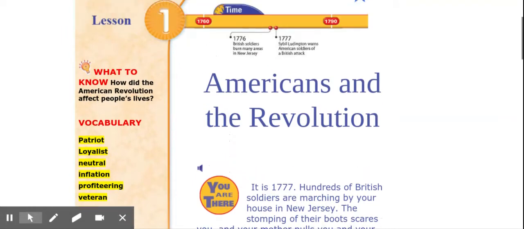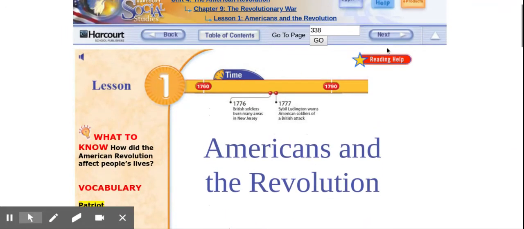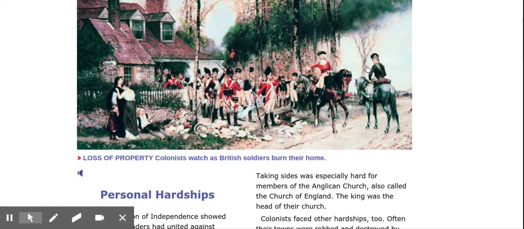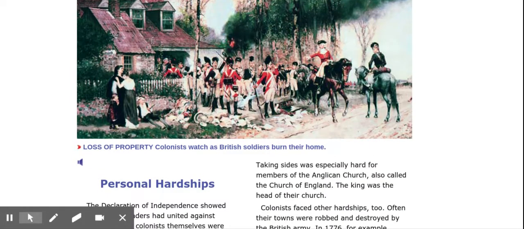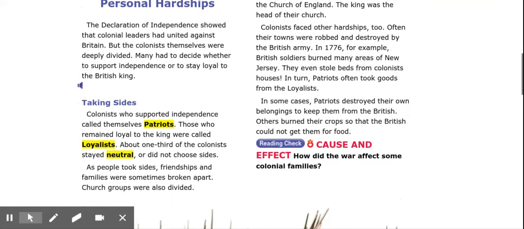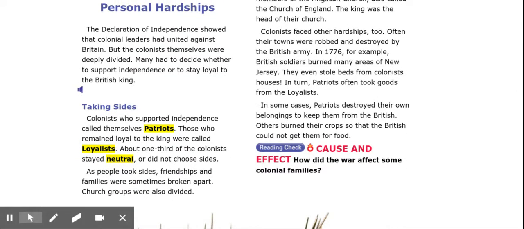First thing I want to talk about is on page 339. Here we have a picture of colonists watching the British soldiers burn their home. It was personally a very difficult time for a lot of people in the colonies. Taking sides was not easy.